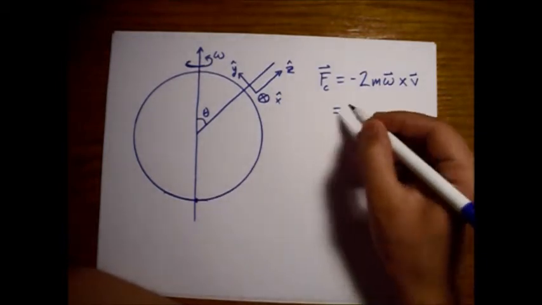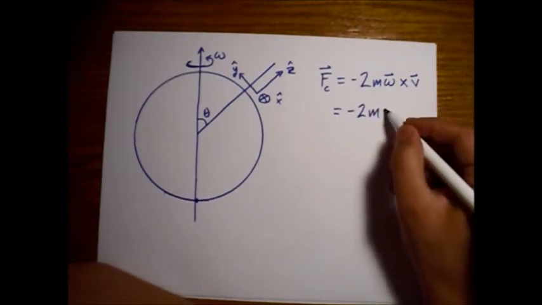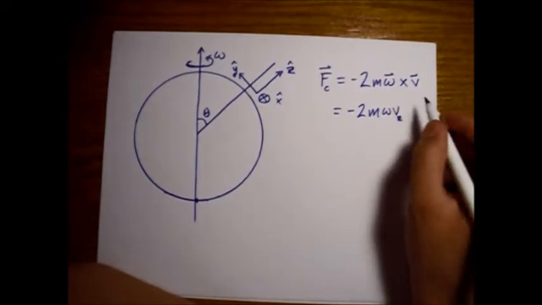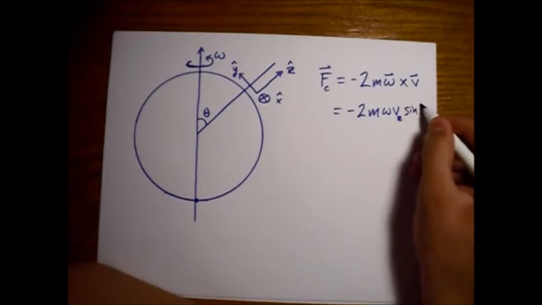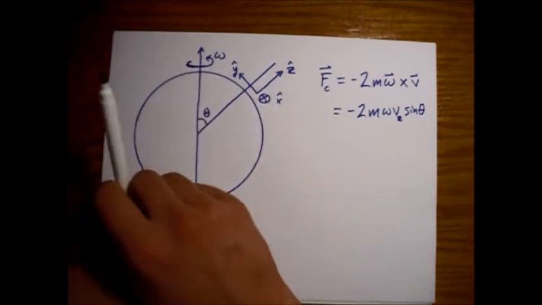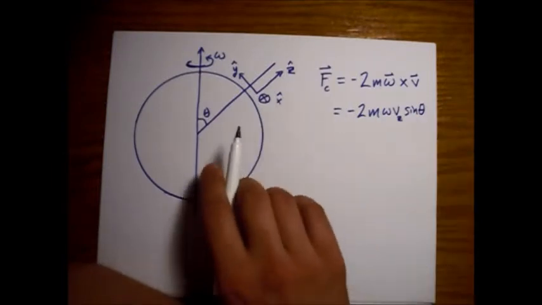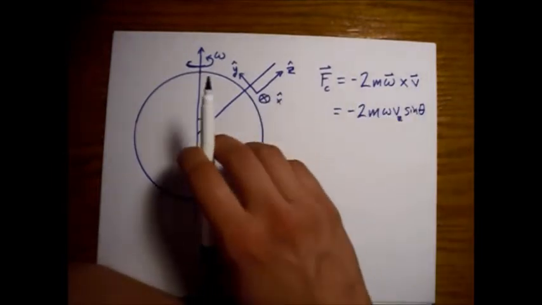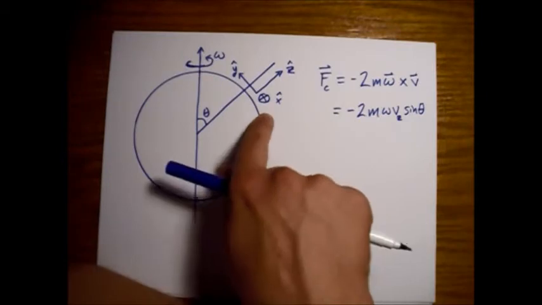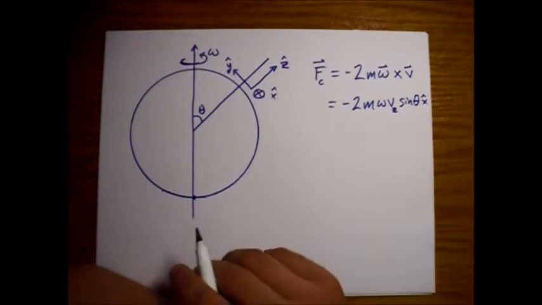So we'll have a minus 2m, the magnitude omega, the magnitude of v, with a little subscript z on this, and then sine of theta, the angle between this omega and this z. By the right hand rule, we're doing omega cross v, so we're going from this way to this way. That would point our resultant vector into the page, so in the x hat direction, like this.